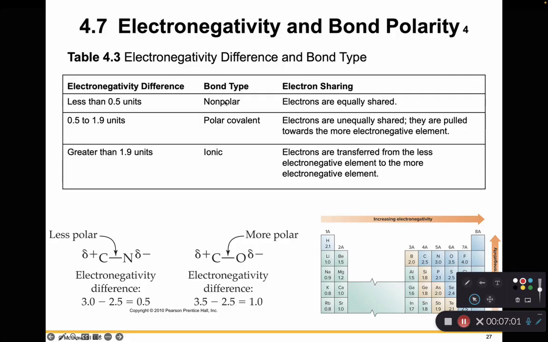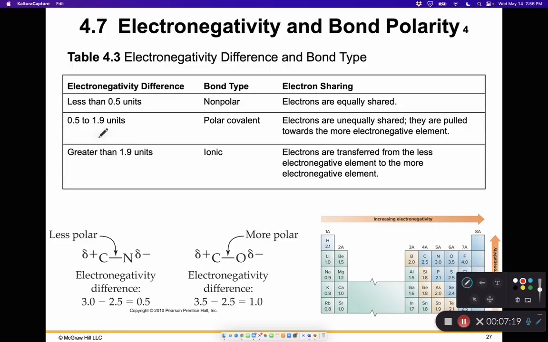Nonpolar means the electrons are shared equally among them. If the electronegativity difference is between 0.5 and 1.9 units, then we have polarity, meaning something with a positive side and something with a negative side. We have polarization occurring there, so we have a polar covalent bond.